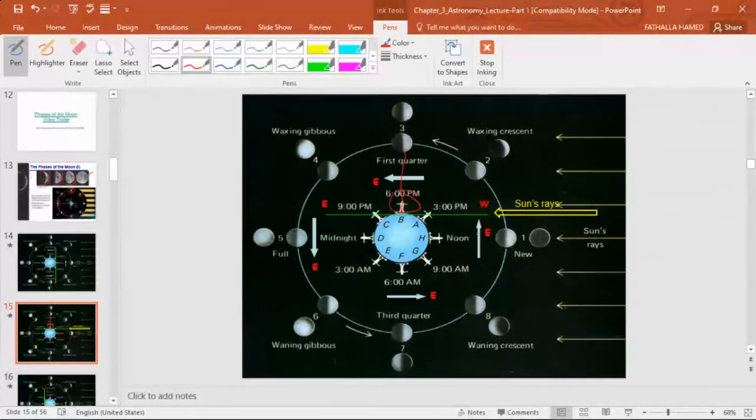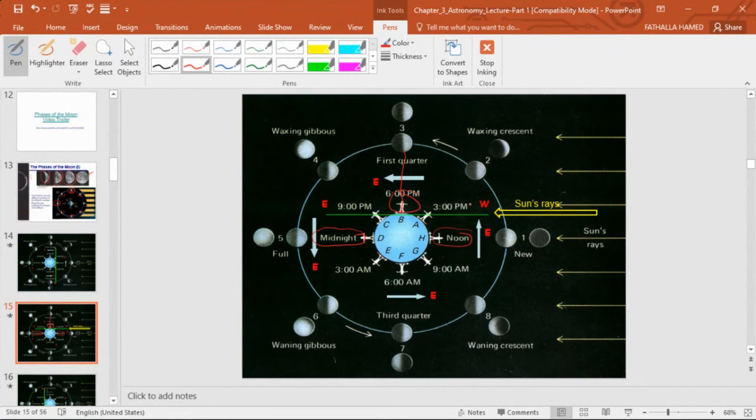Well, if you look at this, it will be noon time and midnight. These are the times that are parallel to this. So we say that the first quarter rises around noon time and it will set around midnight and it will be at the highest point around 6 p.m. or sunset.